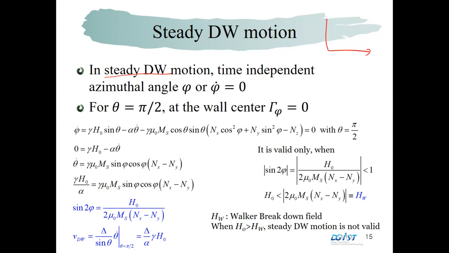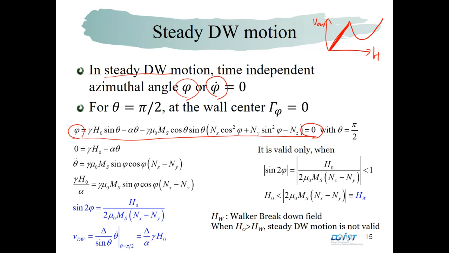As I already said, in an external field, we have a kind of domain velocity, and here, in this region, what happens is that the angle phi is constant, or in other words, phi dot is 0. Then, yeah, phi dot is 0, so we have this equation equal to 0.